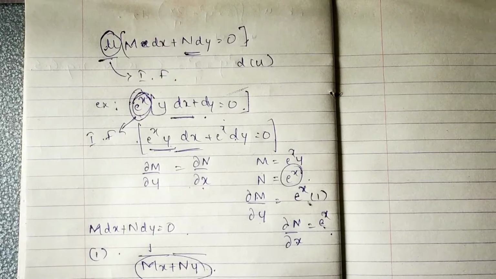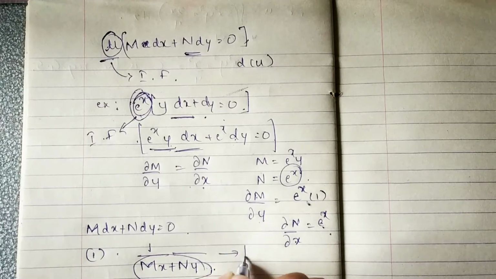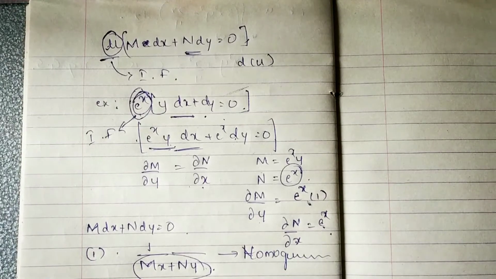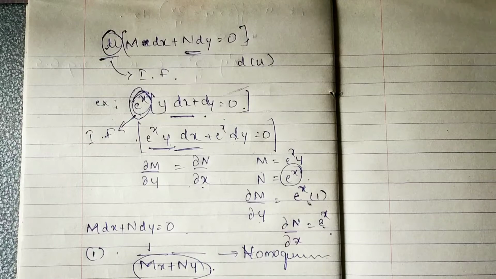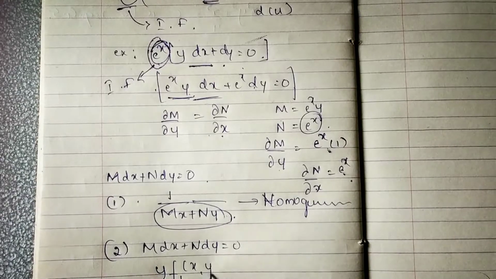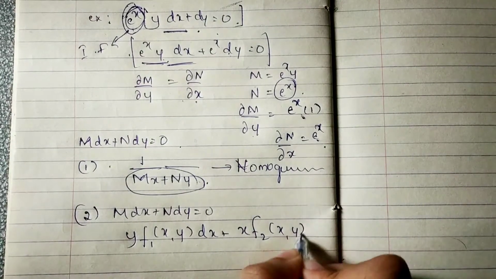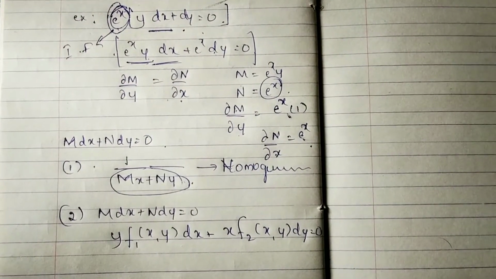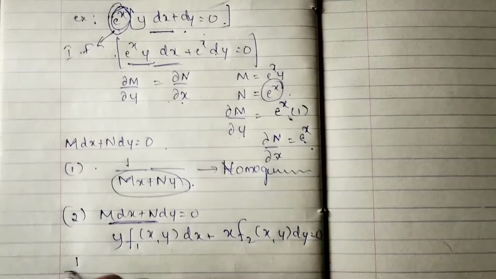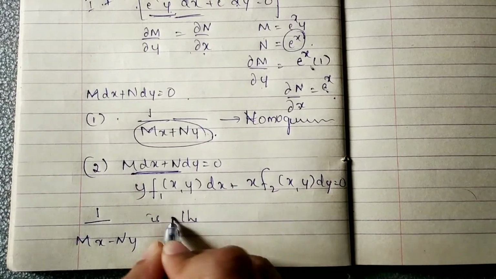The second rule is, if this M dx plus N dy equal to 0 is of the form y into some function of x comma y dx plus x into some function of x comma y dy equal to 0, if the equation can be put in this form, then 1 divided by Mx minus Ny is the integrating factor.